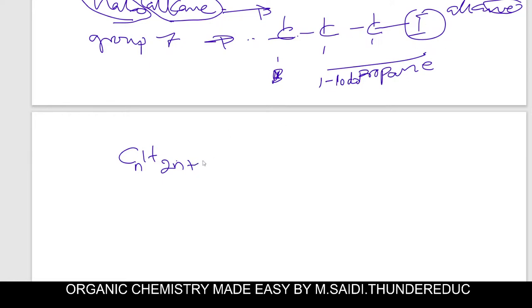We cannot put iodine here, bromine here, so we represent it with X. So the functional group of alcohol and the functional group of haloalkanes are the same. Here, you only replace it with OH. For alcohol, for haloalkanes, you replace it with the X. I think I'm clear.